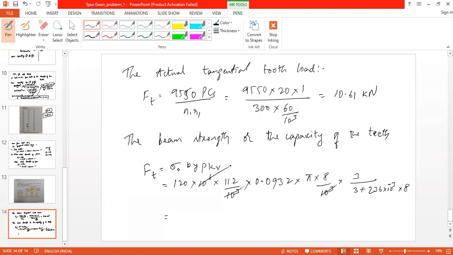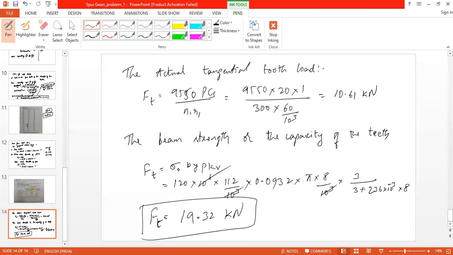Did anyone get this answer? 0.05002. No, you calculate this first: 236 into 10 power minus 3 into 8, plus 3, then 3 divided by that answer. And then you multiply all the remaining.